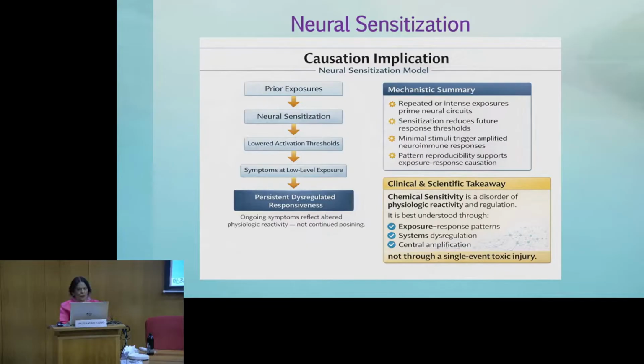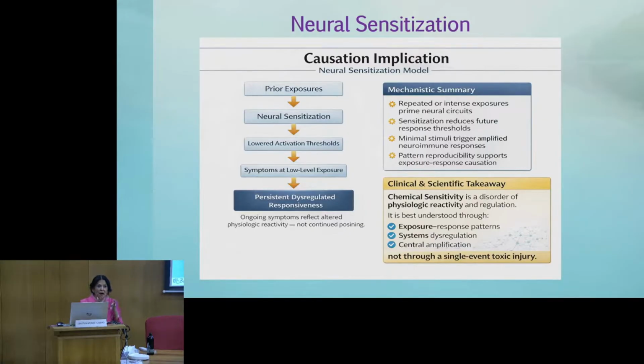And one important thing to remember is that when the exposure stops, symptoms do not stop. It just continues. And one may say that you are not exposed to anything. It takes about 4 to 7 days for one to completely de-adapt and come back to the normal physiologic state.